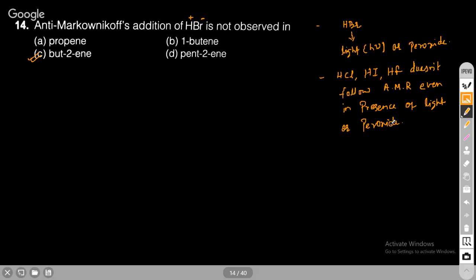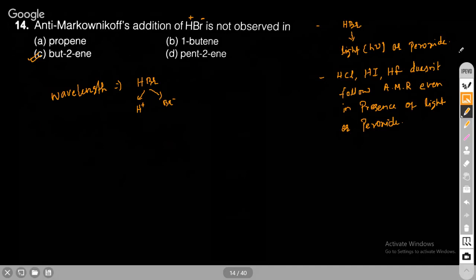I'll just give you, write down this. See the light that we are using here, in presence of this light, because of the wavelength of the light, the molecule HBr dissociates into H plus and Br minus, and then the reaction proceeds.